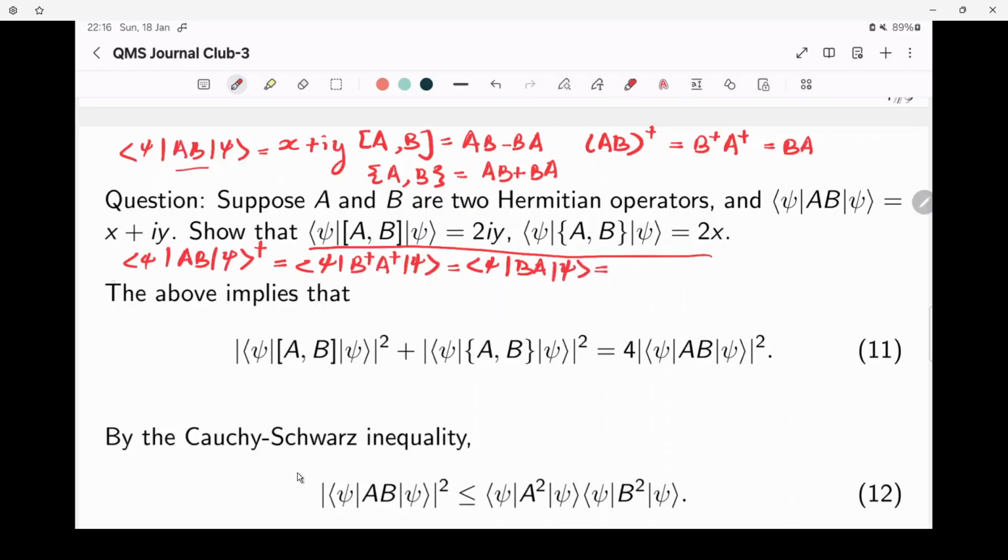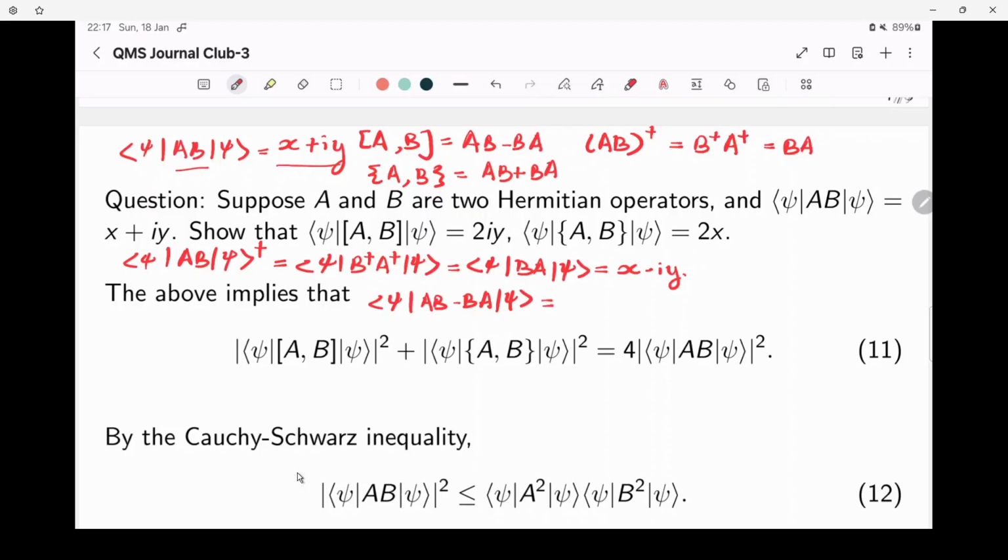Now this equals x plus iy, so it becomes x minus iy. If you want to find the first term, I will directly write AB minus BA.